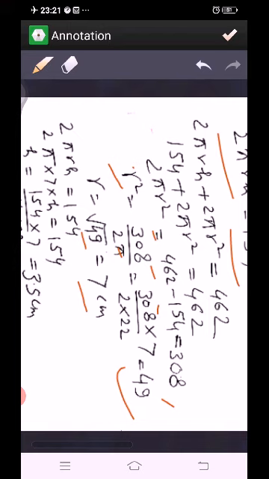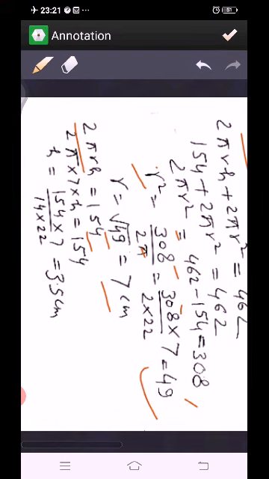We have got radius equal to 7 centimeter. Now it is given 2 pi r h is equal to 154, that is curved surface area. So we put here all the values. 2 pi into r, that is 7, into h. So we get h is equal to 154 upon 2 pi into 7, that is 2 into 7, 14, and pi value we put here 22 upon 7.